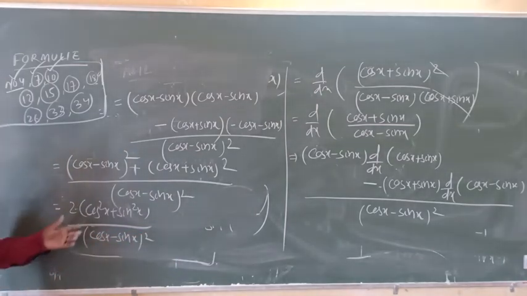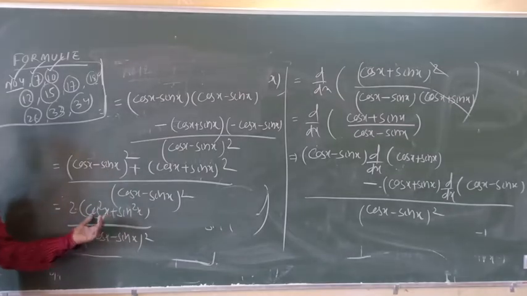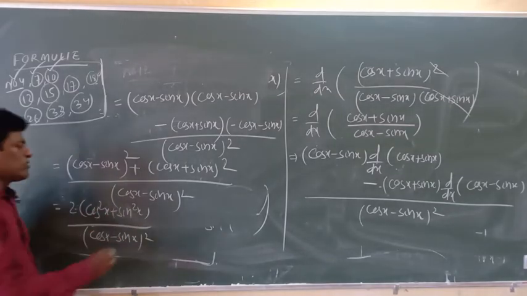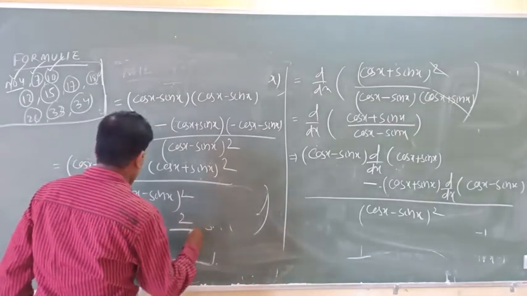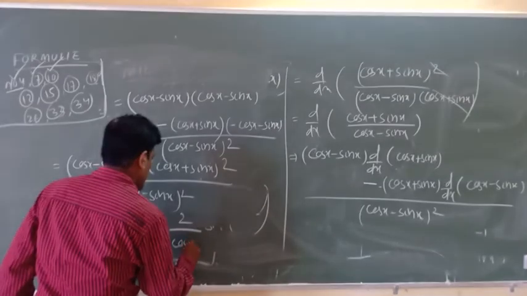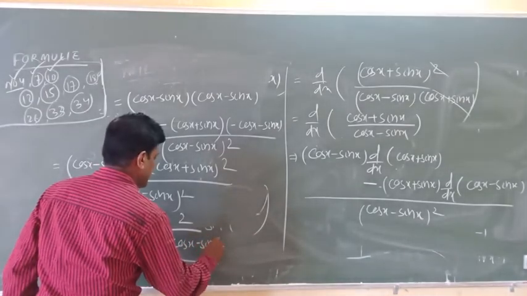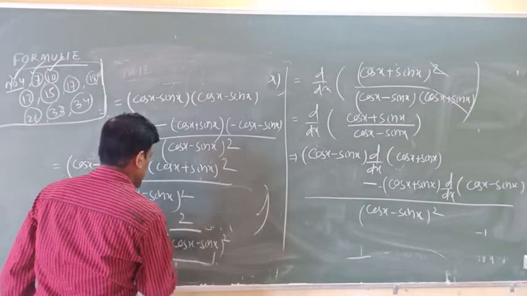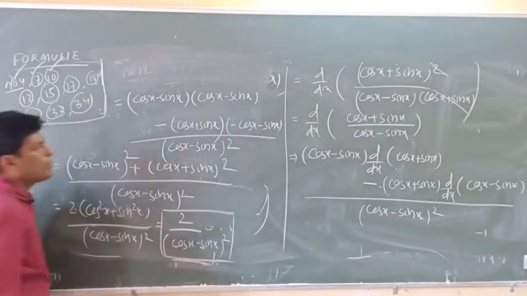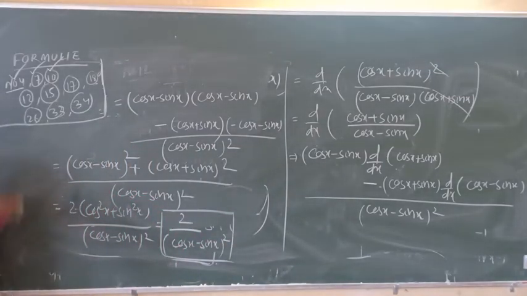You know cos square x plus sin square x is 1. And so we get 2 by (cos x minus sin x) whole square. That is the answer of problem number 12.